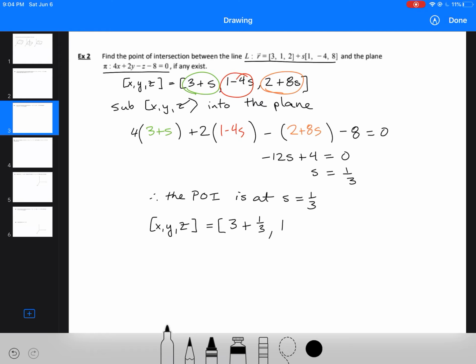And we're just going to substitute in that 1/3 for s. Okay, and when you collect all those terms, you get 10/3, minus 1/3, and 14/3. And then this would be our point of intersection for this particular line and this plane.